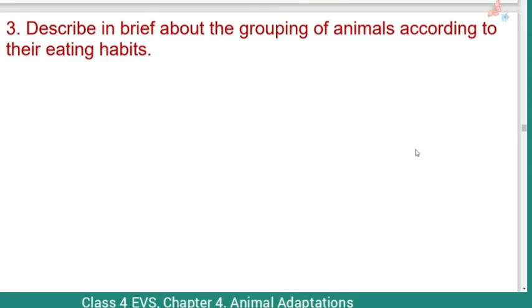Third question, describe in brief about the grouping of animals according to their eating habits.